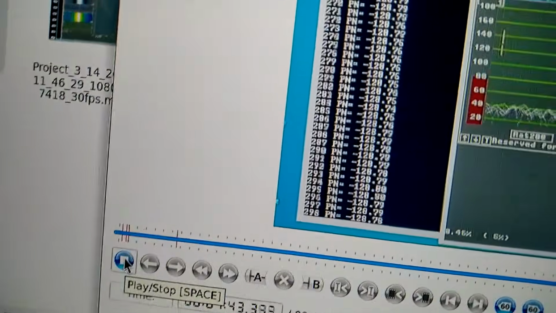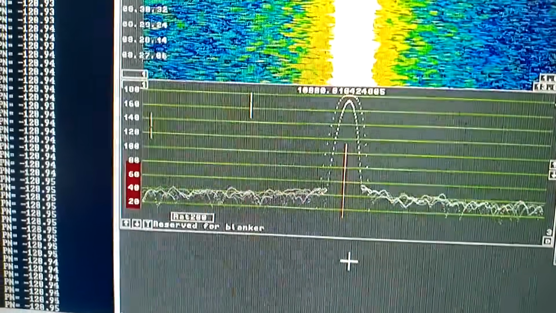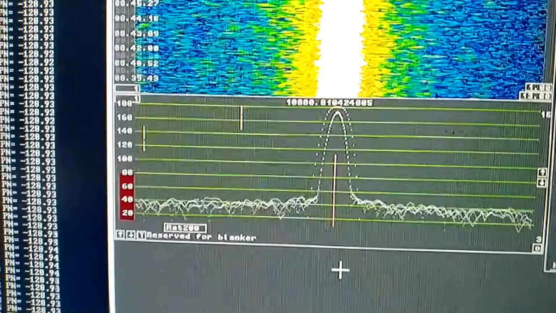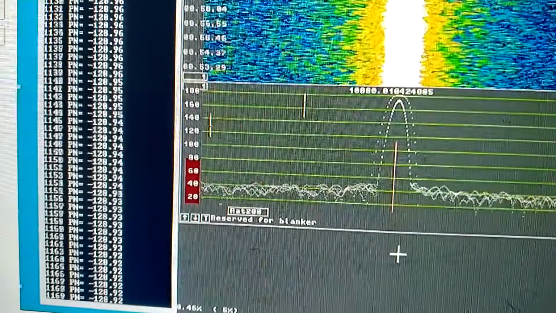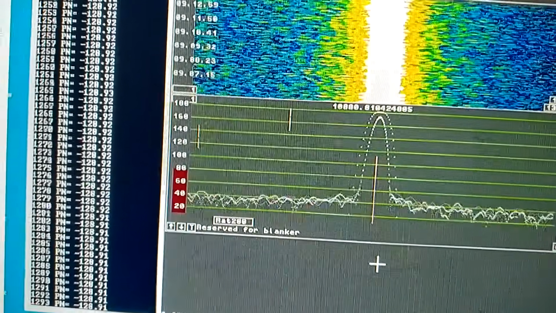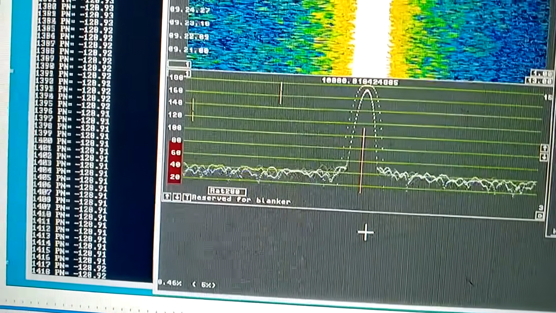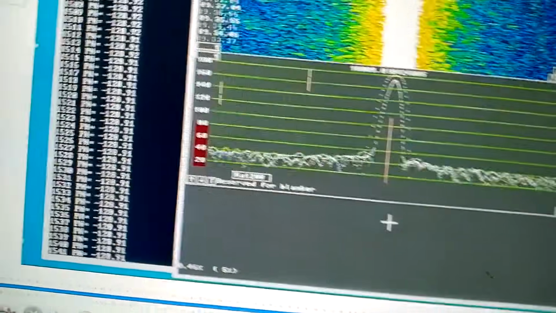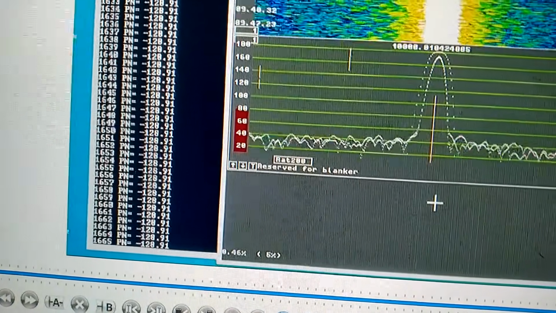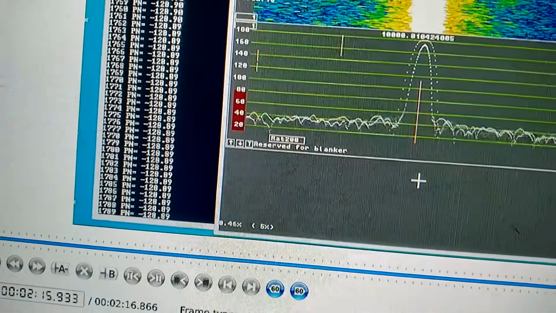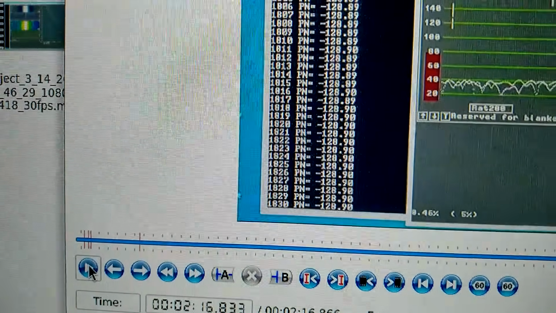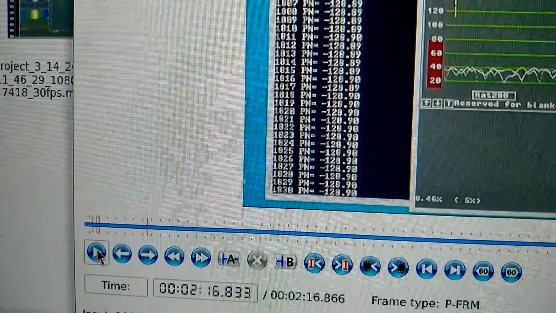And you see, the value is a little bit better, 128.9, and I allow it to run. And it stays. And it stays until I stop this recording at 1800 something.